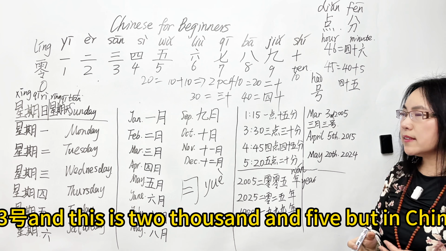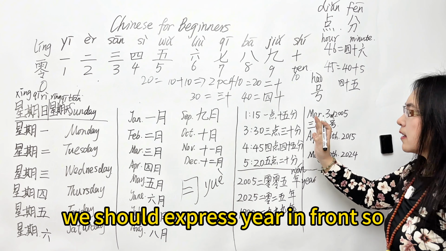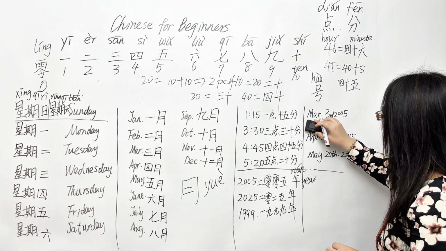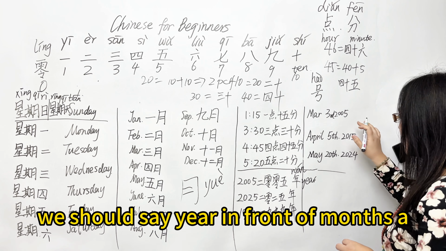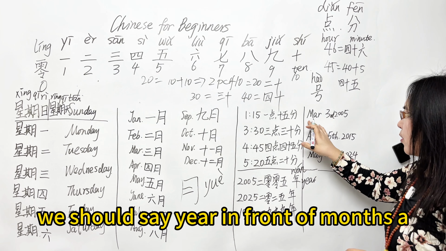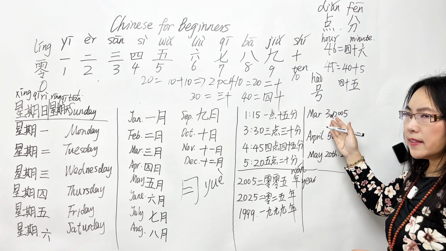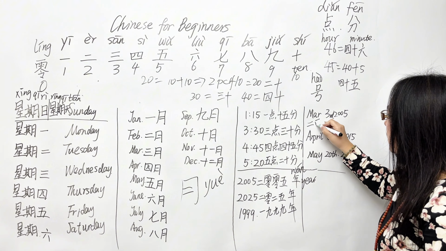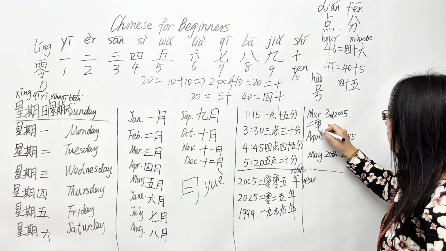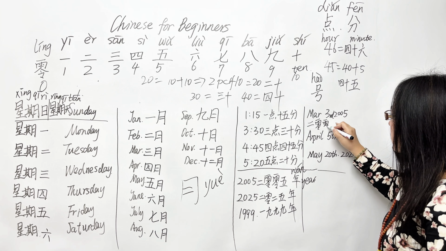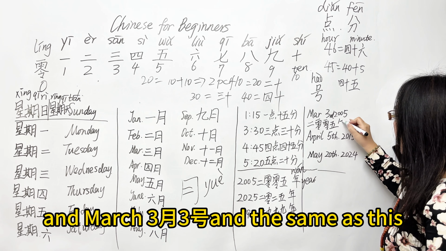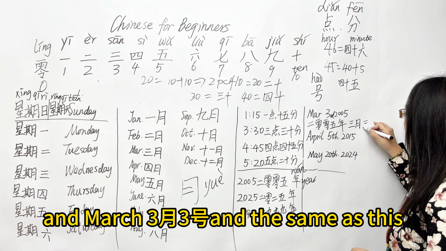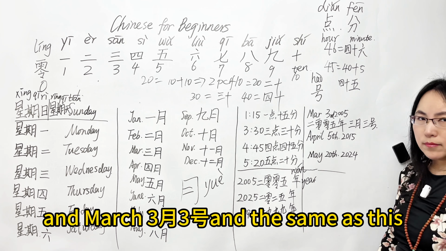But in Chinese, we should express the year in front. We should say the year in front of the month and date. The year is 2005年, and then March 3月3号.